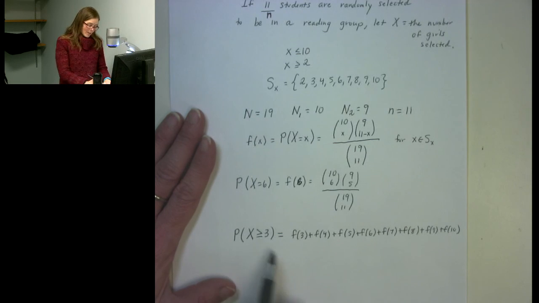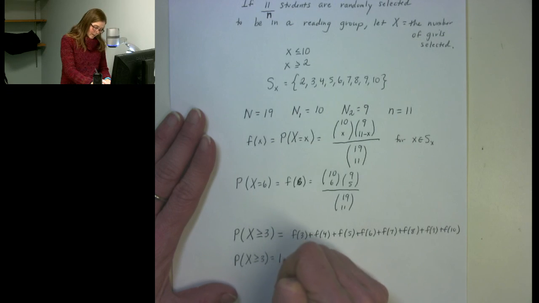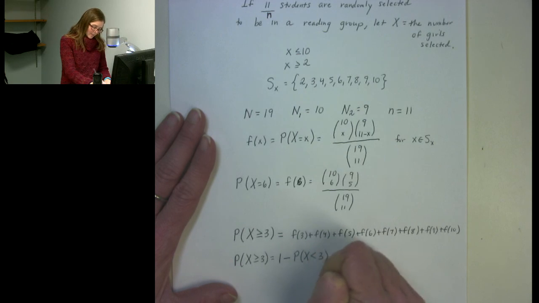I just wanted to point out that in a situation where you're looking for the chance of a value taking on something larger than something else, greater than or equal to 3, a lot of times it's easier to work with the complement instead. The probability that x is greater than or equal to 3 is the same as 1 minus the probability of the complement, that x is less than 3.